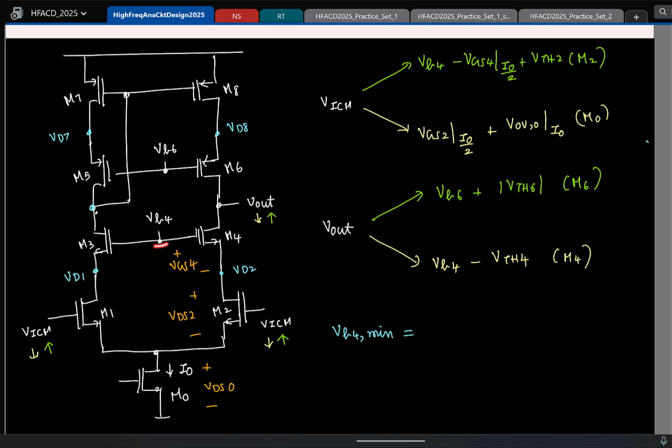So let's try to write it directly. What is VB4 minimum then? It is VGS4, that is fixed, so that you can't change, at a current of I0 by 2. Plus the minimum you can have here is the overdrive voltage of M2.